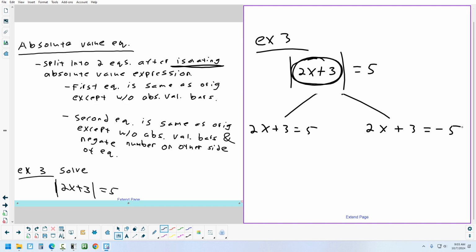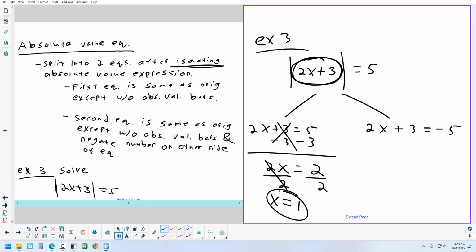All right. Now we solve each equation. So subtract 3, we get 2x equals 2. And that means x is going to equal how much? 1. Yep. So divide each side by 2. So that's your first answer, x equals 1.